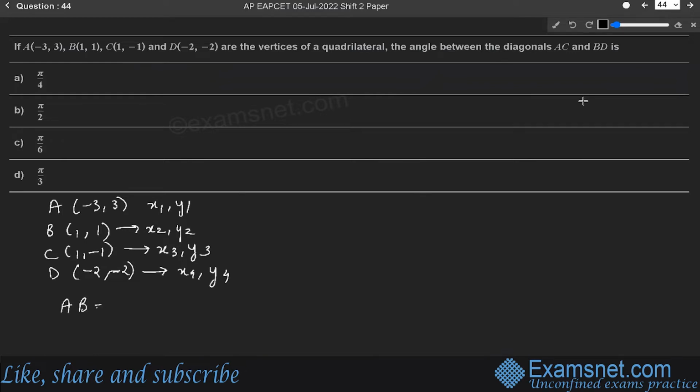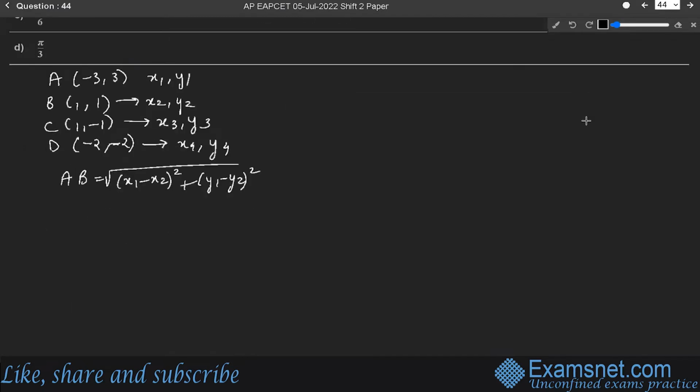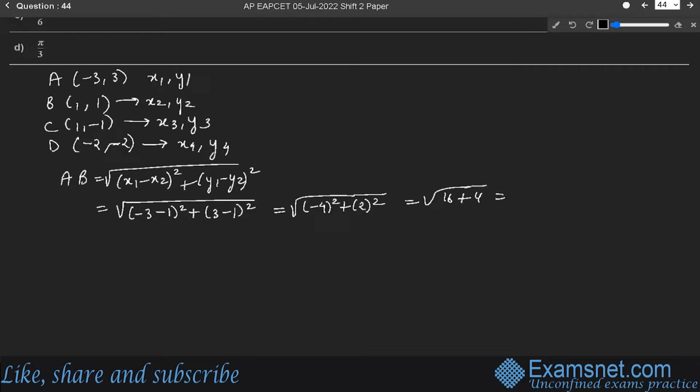So AB will be equal to under root of (x1 minus x2) square plus (y1 minus y2) square. On substituting the values here, it will be equal to under root of (minus 3 minus 1) square plus (3 minus 1) square, which is equal to minus of 4 square plus 2 square, which is equal to 16 plus 4, which is equal to under root of 20.